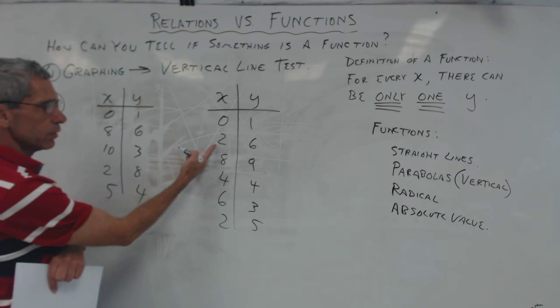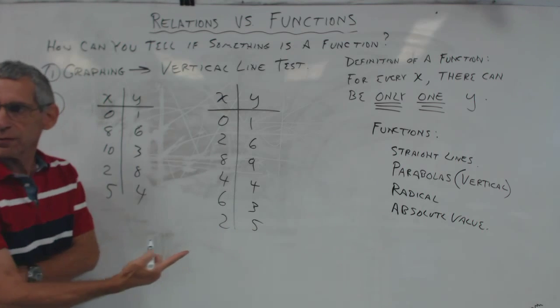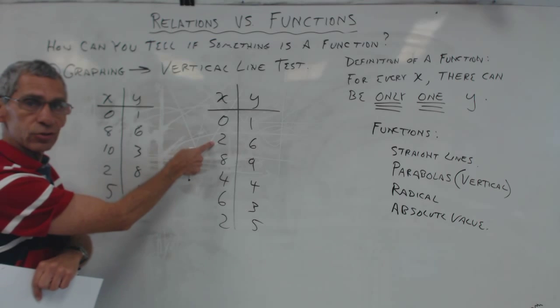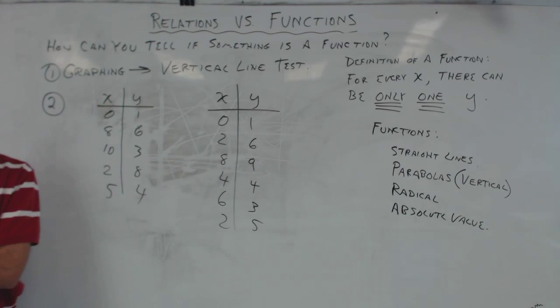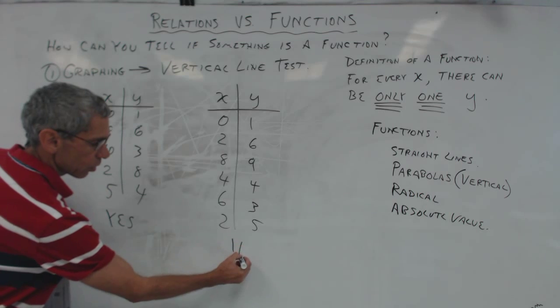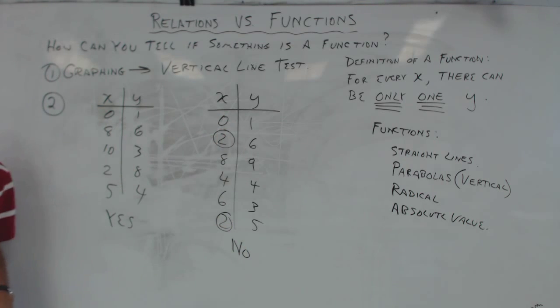The 2 has not only a 6, but also a value of 5. Immediately that tells me that when x is 2, there can be two values of y. That is not a function. This is a function, yes. This is a function, this is not, because there is a repeat in the x's.